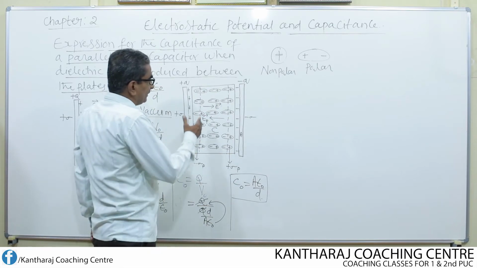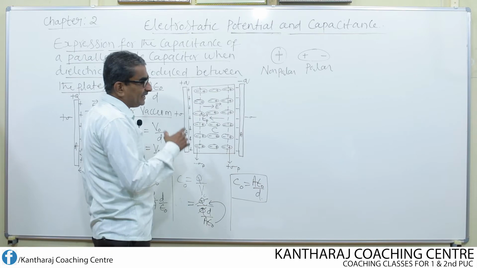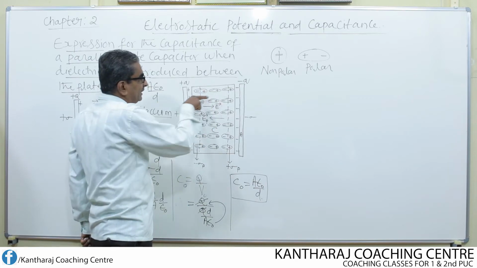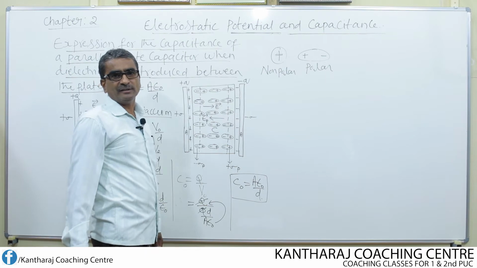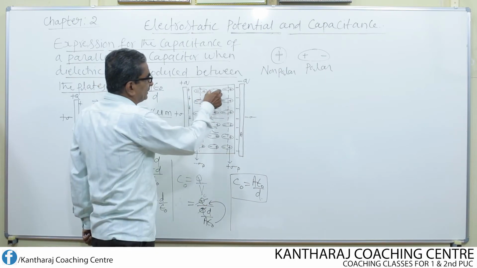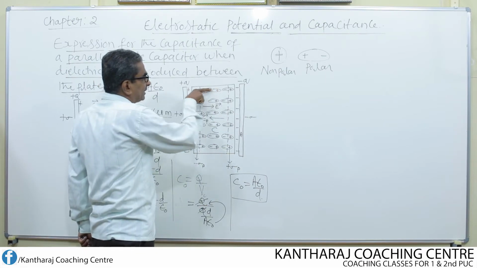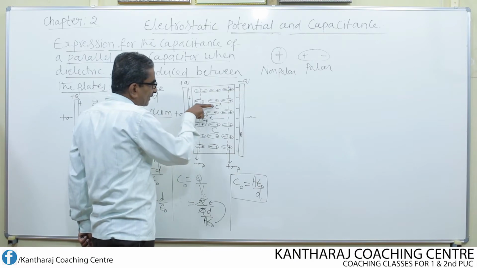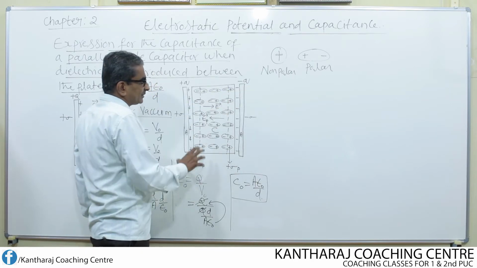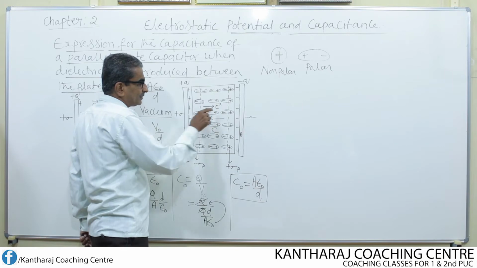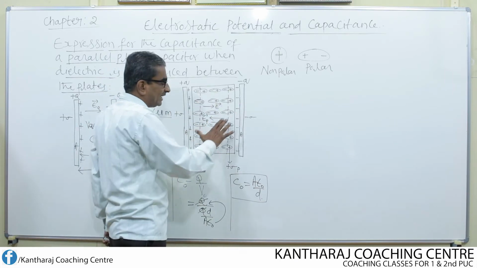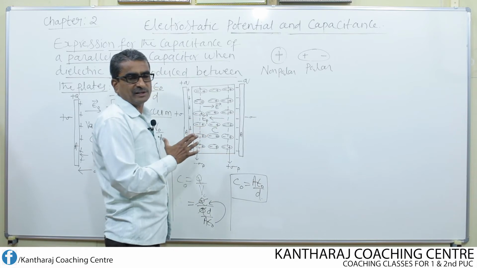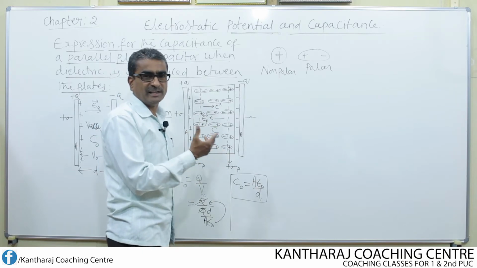Polarization means the alignment of all the dipoles in the direction of electric field. Look here, this is one dipole, this is one dipole. All dipoles are arranged in the direction of electric field like this. So if arrangement of dipoles takes place all along the electric field direction, we call that electric polarization or polarization of dielectric.